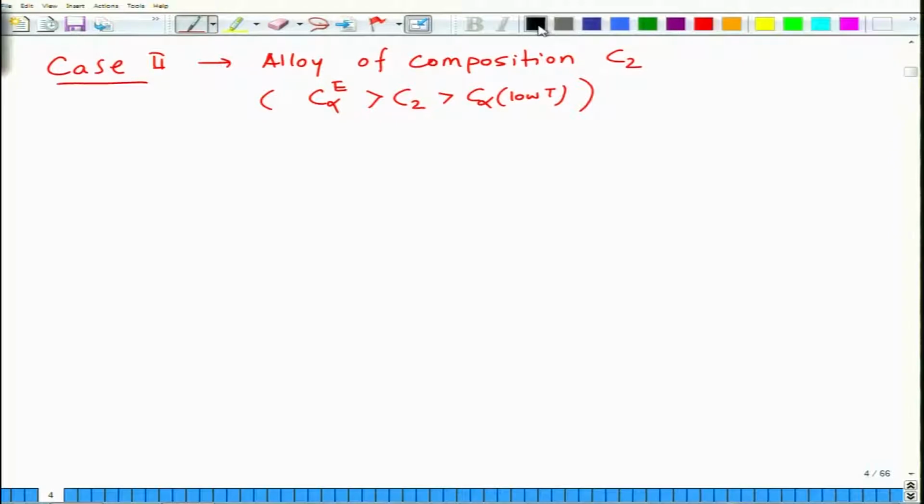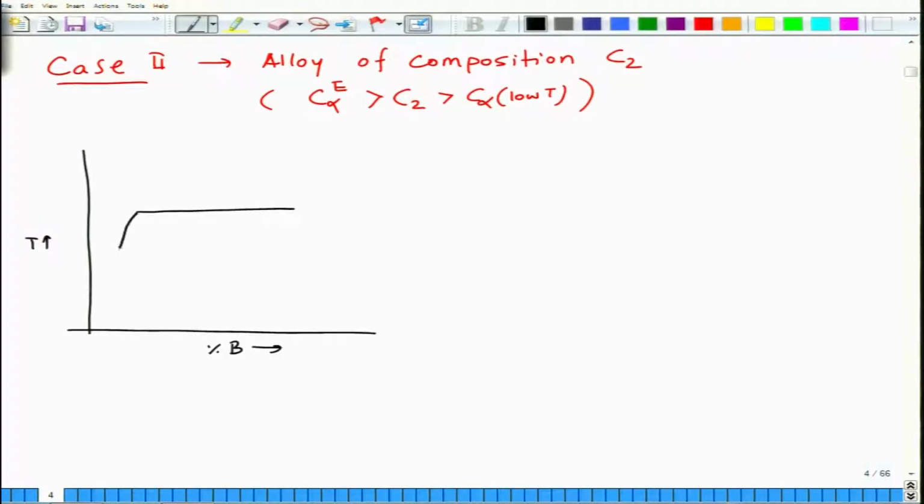So the phase diagram looks like this; I will just sketch it, I will not draw it completely. This is percentage B, this is temperature, this is the eutectic line, and this is what the scenario is. We are following an alloy whose composition is this.